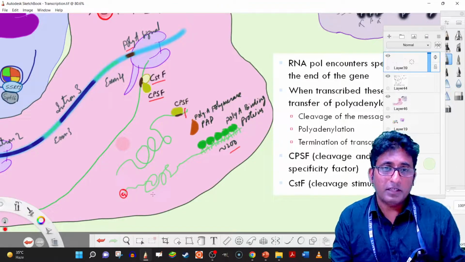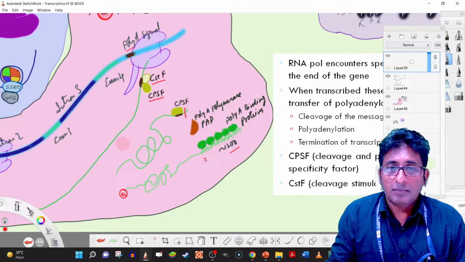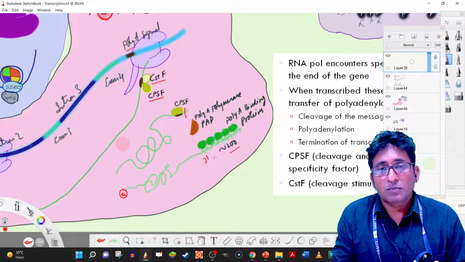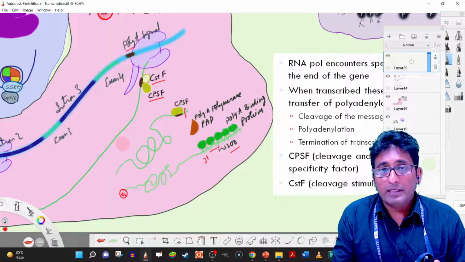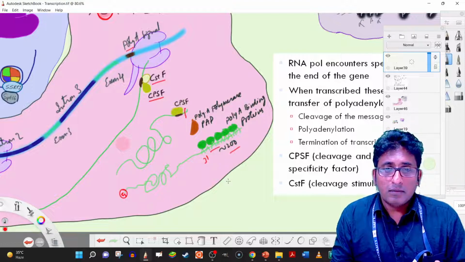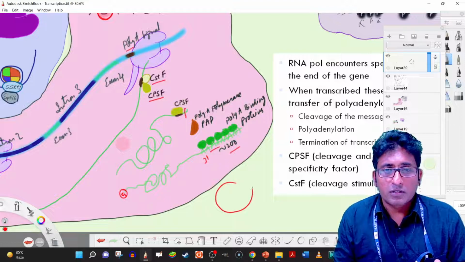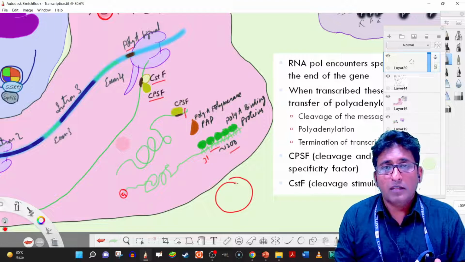So the 5' end of the mRNA is protected by the G cap, and the 3' side of the mRNA is protected by the poly A tail. There are many other functions too: the mRNA could bind upon itself, with the 5' end being here and the 3' end being here.